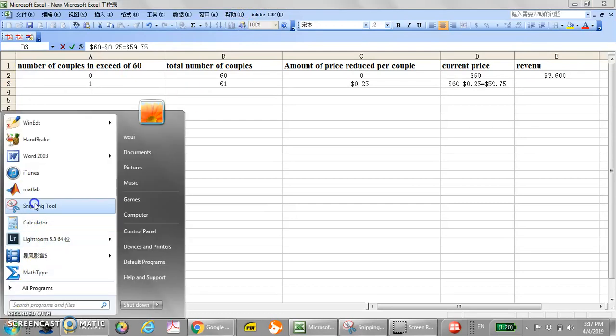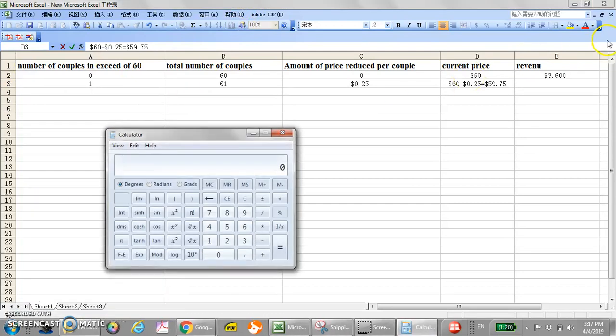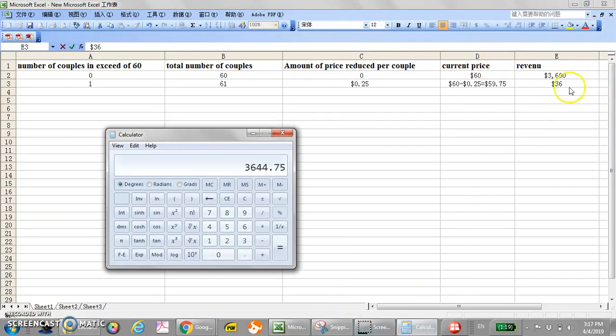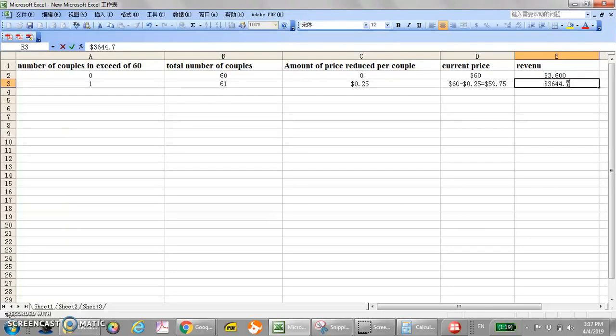And the revenue of the motel is now 61 times 59.75, so the revenue is 3644.75.